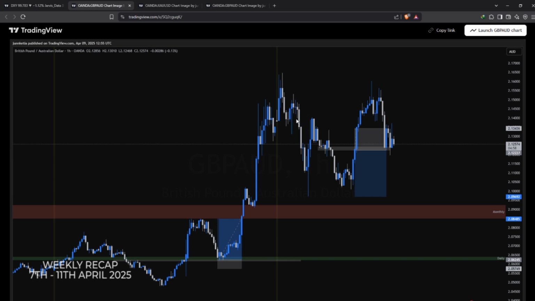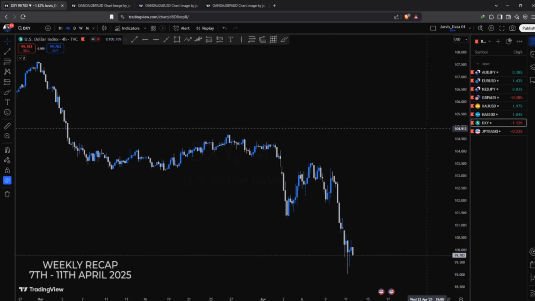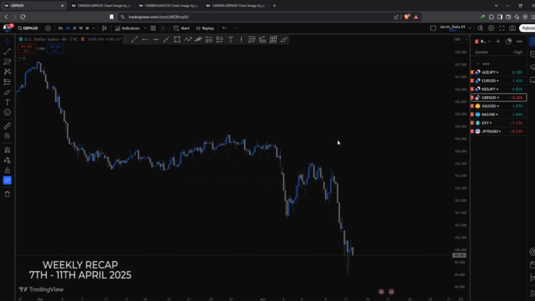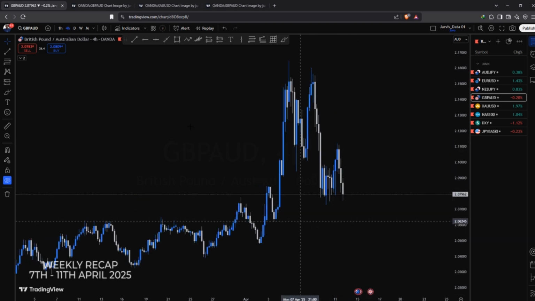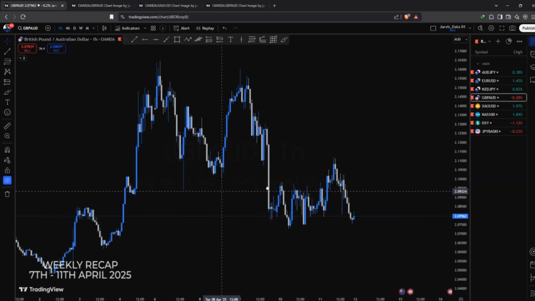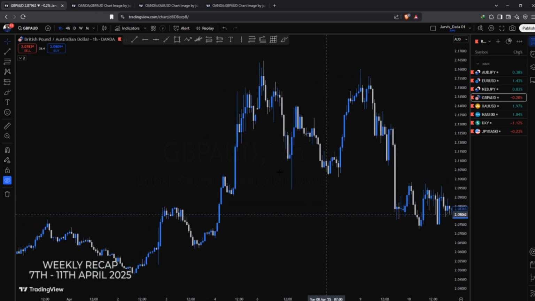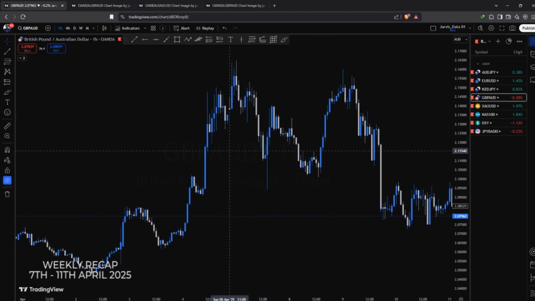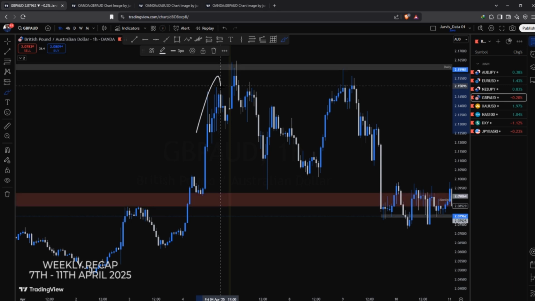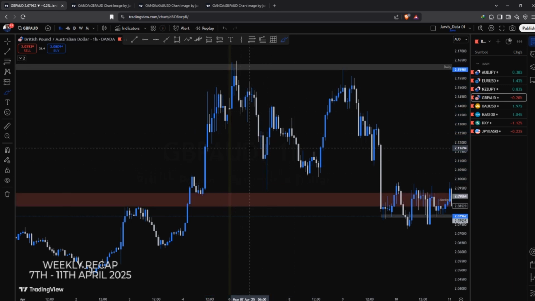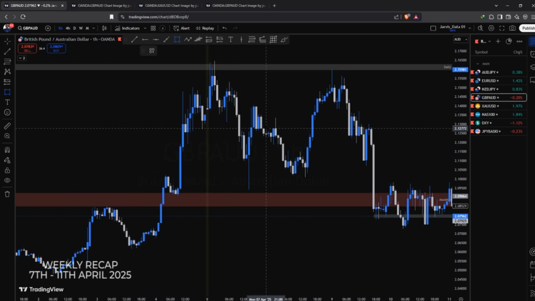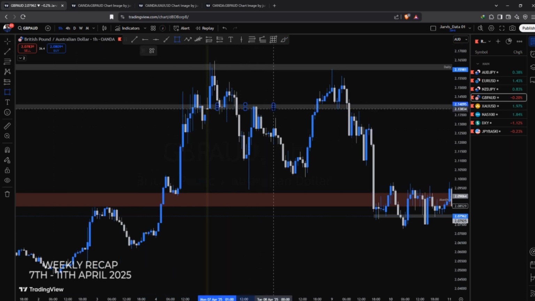So I had a markup on the trade, right? Let's get back to the Audi. If you go to the 1 hour, this is the initial trade. So high, and then we have a higher high, and then price came all the way down. So I had an initial trade here, but then I didn't take this, for whatever reason.